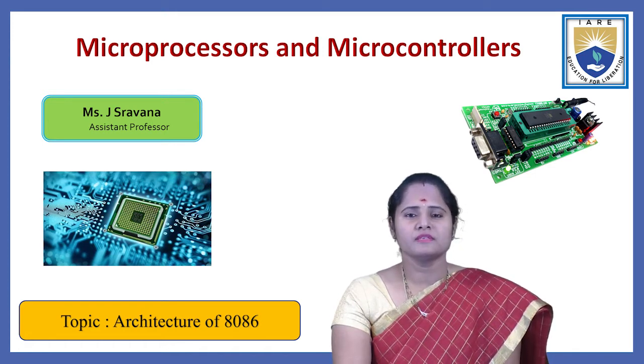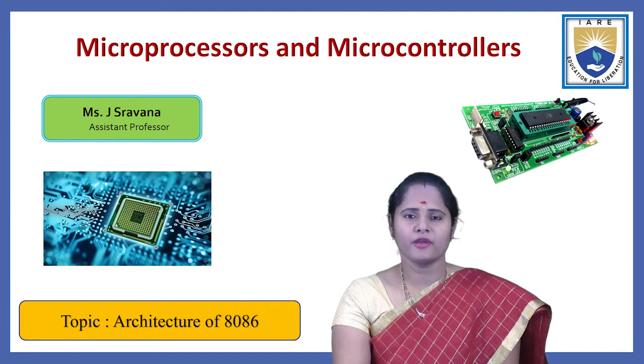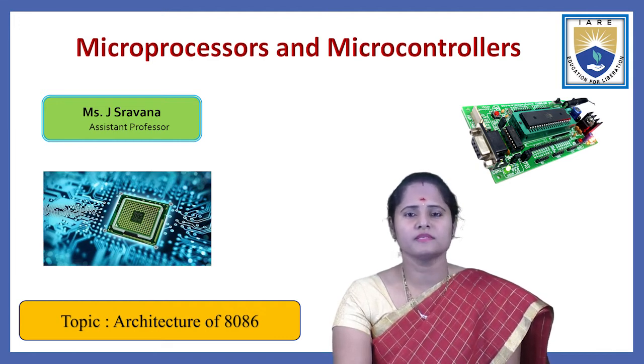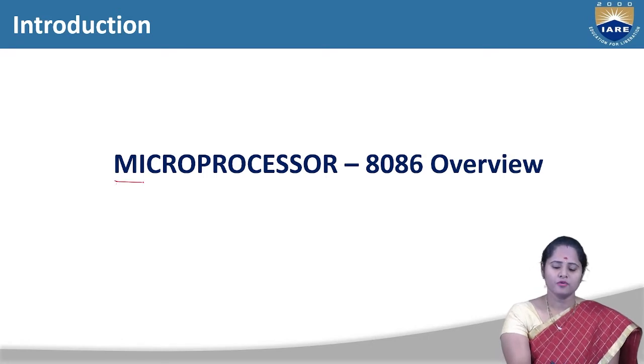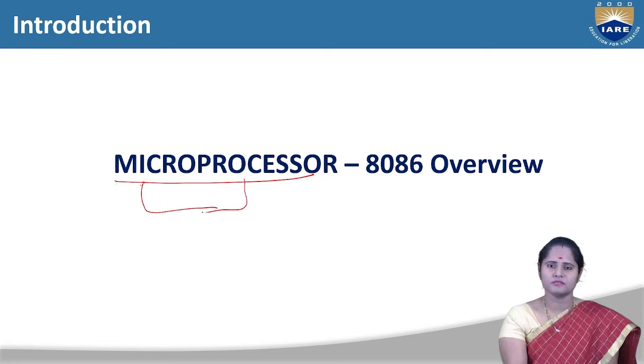Before discussing the microprocessor and microcontroller, first we need to know what is meant by a microprocessor. A microprocessor is a combination of micro as well as a processor. Micro means 10 power minus 6.